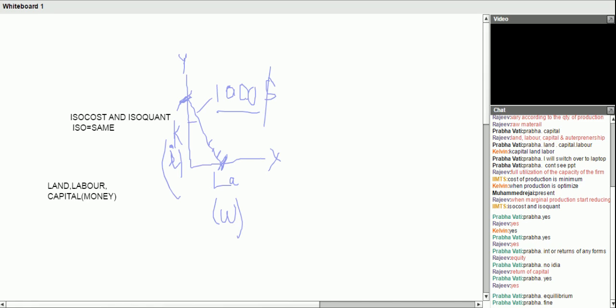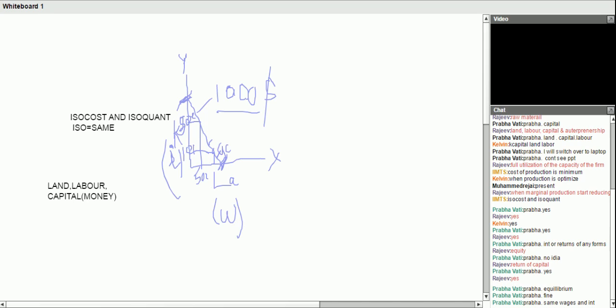Like suppose if I talk about this point, it might be 500 for the interest and 500 for the labor. If I talk about this point, it might be 100 for the interest and 900 for the labor.